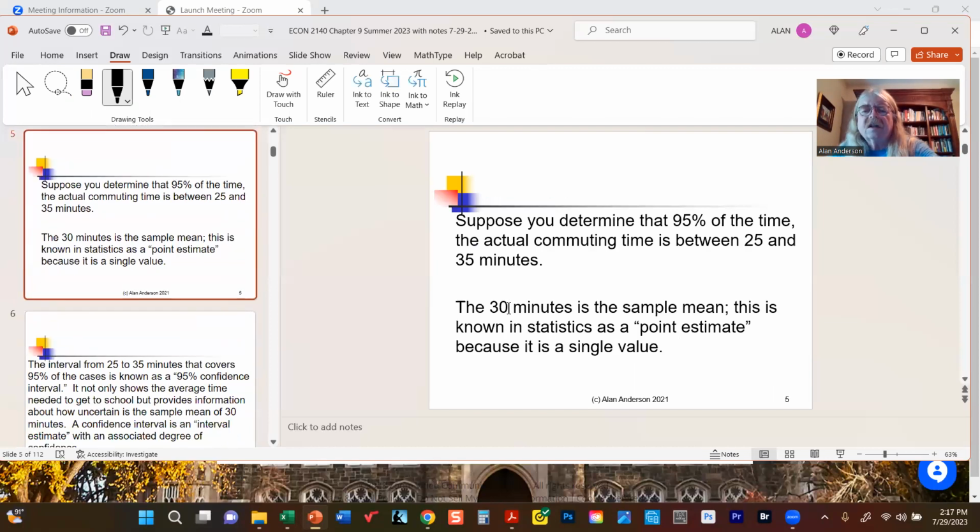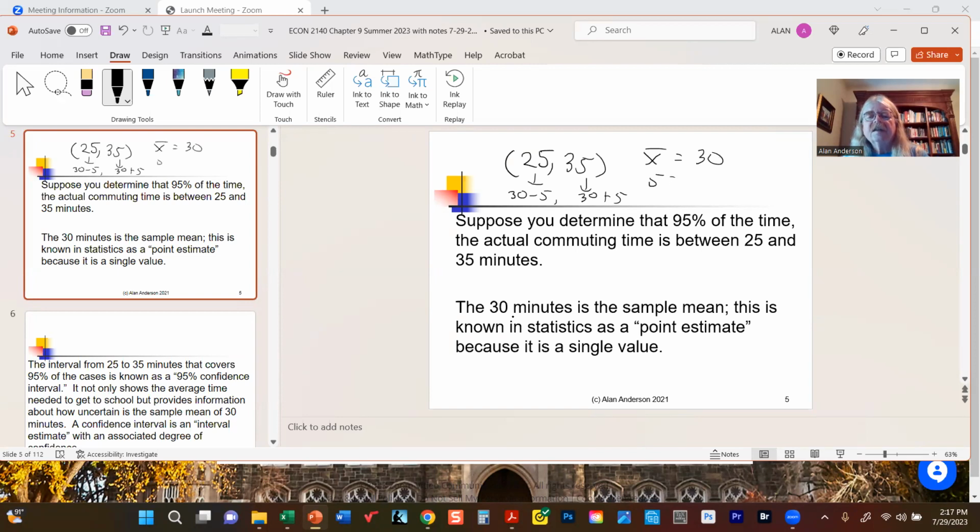So what if we discover that our interval is 25 up to 35? Given that the sample mean is 30, that means you've got here 30 minus 5, and here you have 30 plus 5. So of course, X bar is the 30, which implies that the 5 is the so-called margin of error.